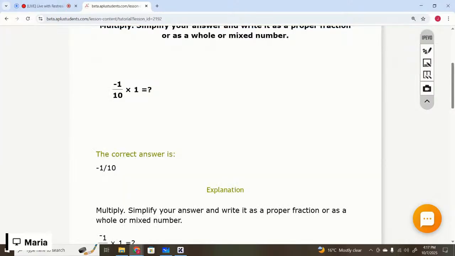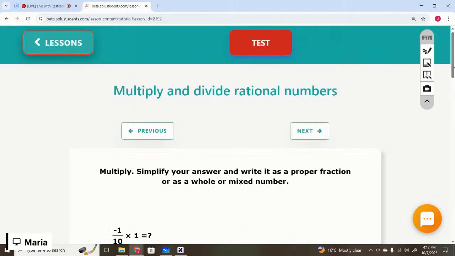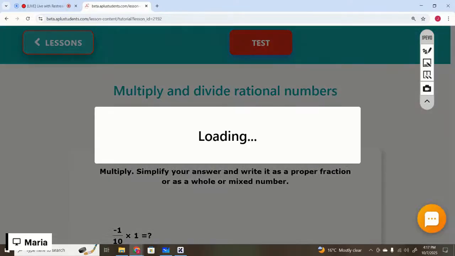So negative 1 by 10 times 1. Multiplying a positive number and a negative number, the answer must be negative. So it is negative 1 over 10. Let's just start with the test questions.